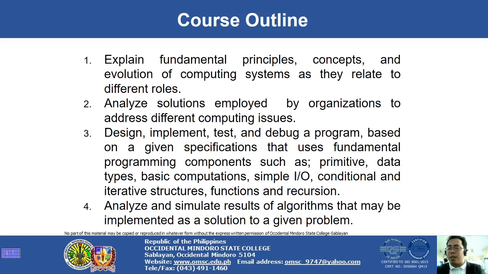As you observe, information technology today is not only for IT, it can be for accounting, for tourism, what else? Even in the field of medicine. It is being used because we have what we call coding. So there are programmers for medicine too.